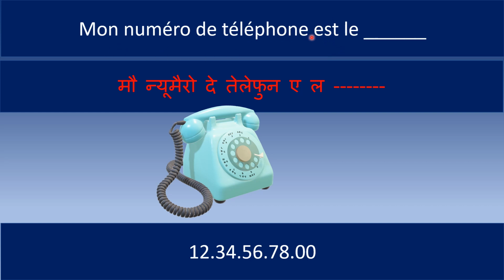So slowly, as we go ahead, you will learn it. As for now, just learn it by heart that whenever you are giving the phone number, this le has to be there. Okay. So again, I'll repeat the answer. Mon numéro de téléphone est le, and then you write the number. Clear? Next.